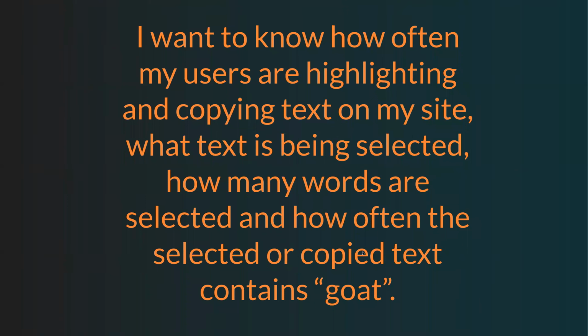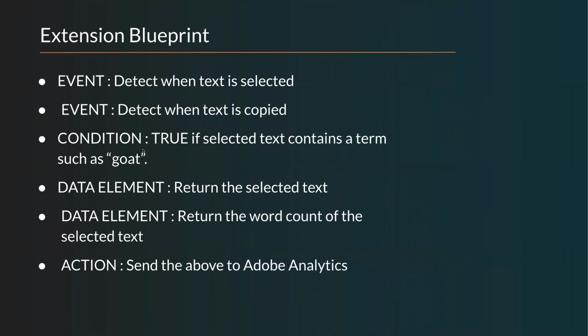I want to know how often the selected or copied text contains goat. So we need a condition, and this condition will return true if the selected text contains a term such as goat. And we're not going to make an extension that only detects goat. We'll make an extension that you can put in what you want. You could look for pig, or you could look for cow, or whatever piece of text is most important to you.